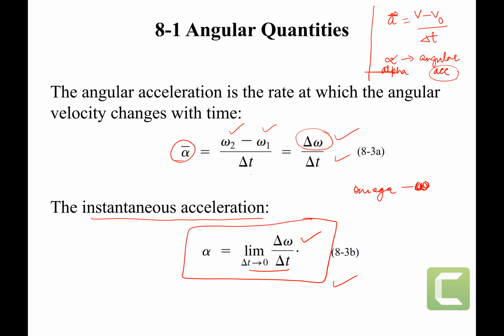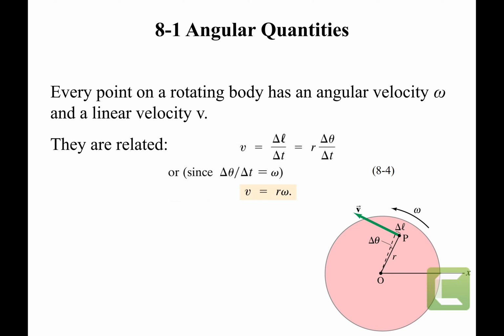So just remember them, these are definitions. Just like we started in chapter 2, defining speed, defining velocity, giving their formulas, and defining acceleration, instantaneous acceleration and average acceleration, the same we are trying to do here in rotational motion.